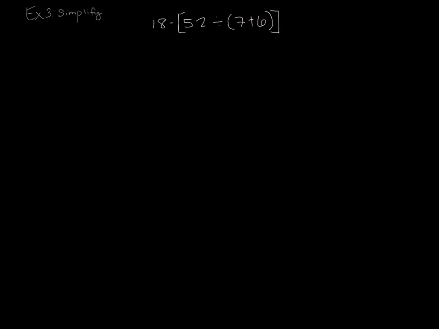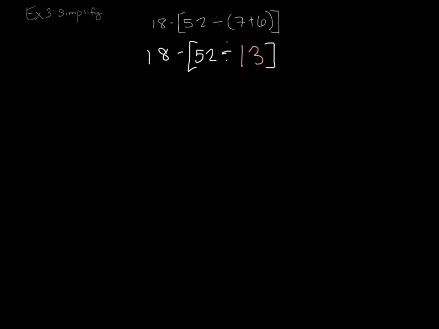All right, so now the way that I work this is start with the inside grouping symbol and move towards the outside grouping symbol. So the first thing I'm going to do is add the 7 plus 6, which is 13.